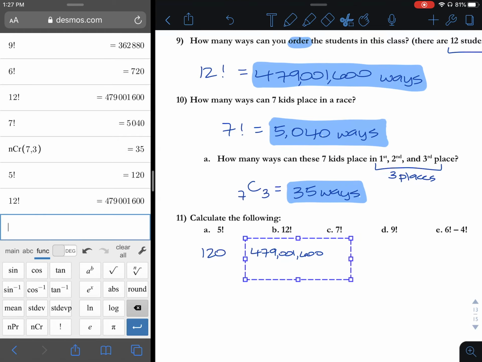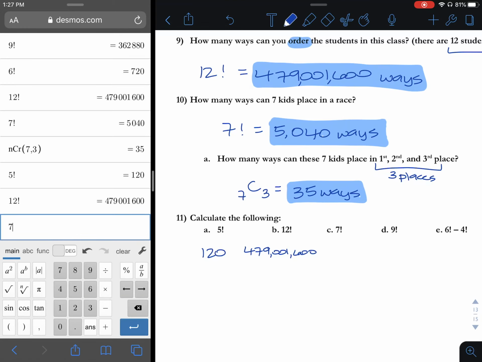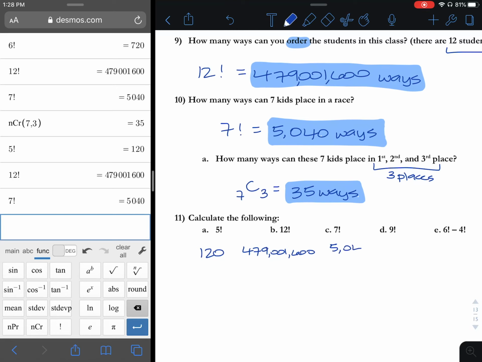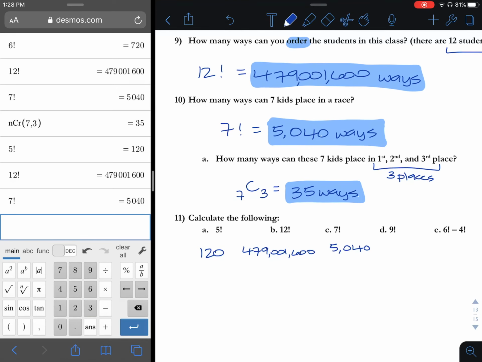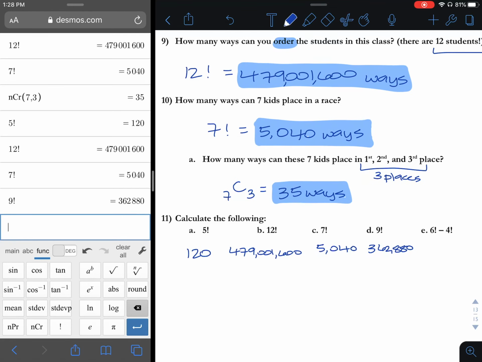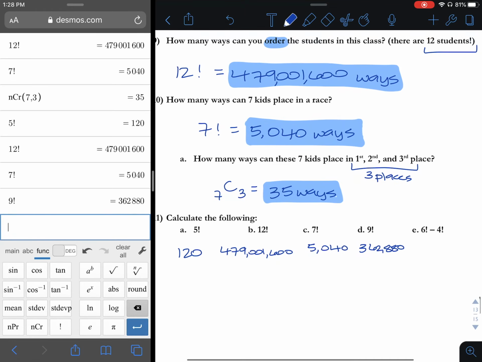Okay, and then let's talk about 7 factorial. So 7 factorial, 5040. Do 9 factorial, 362,880. Okay.